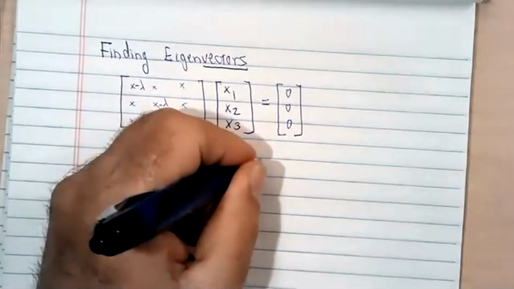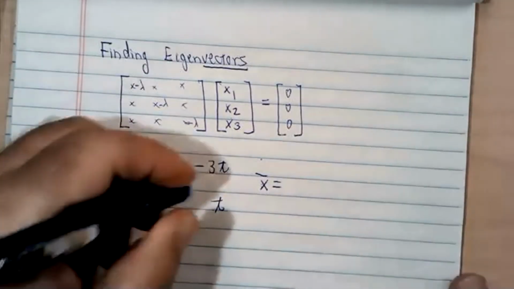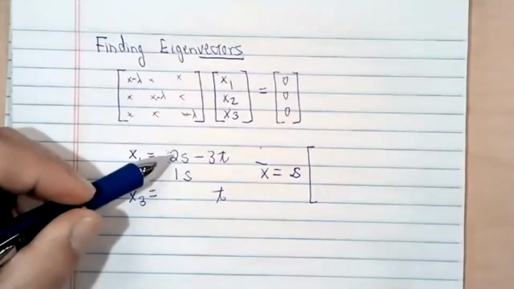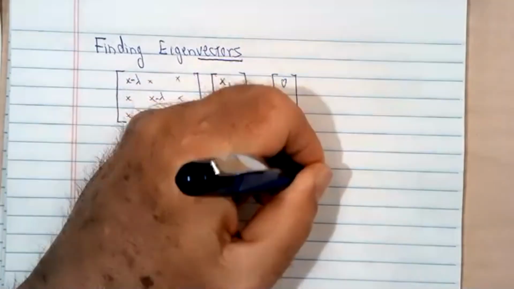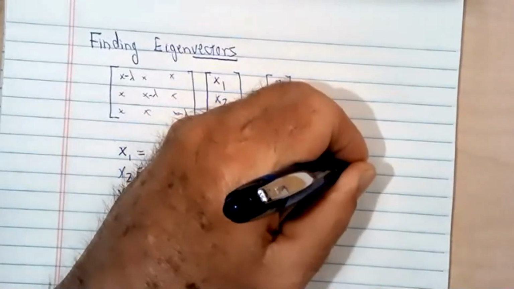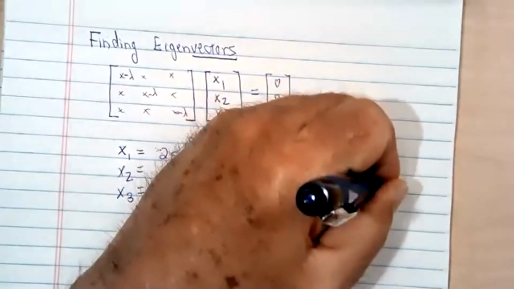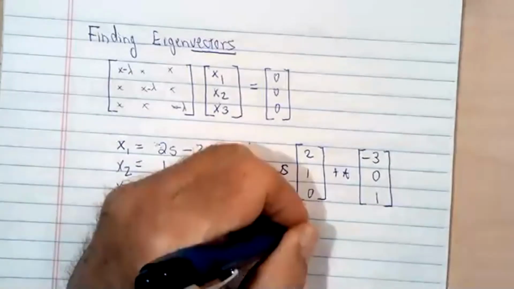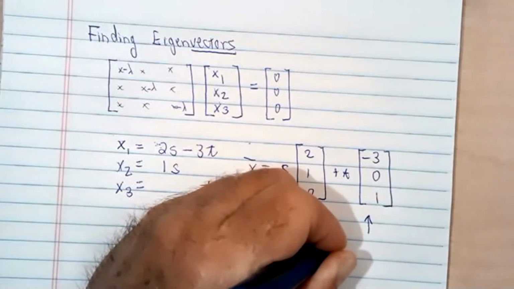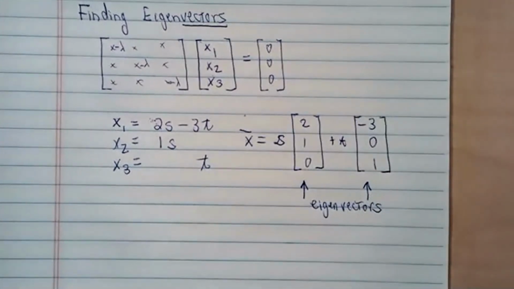Well, in vector form, my vector x equals s times (2, 1, 0) plus t times (−3, 0, 1). Those vectors right there are eigenvectors. So you can do those by hand.